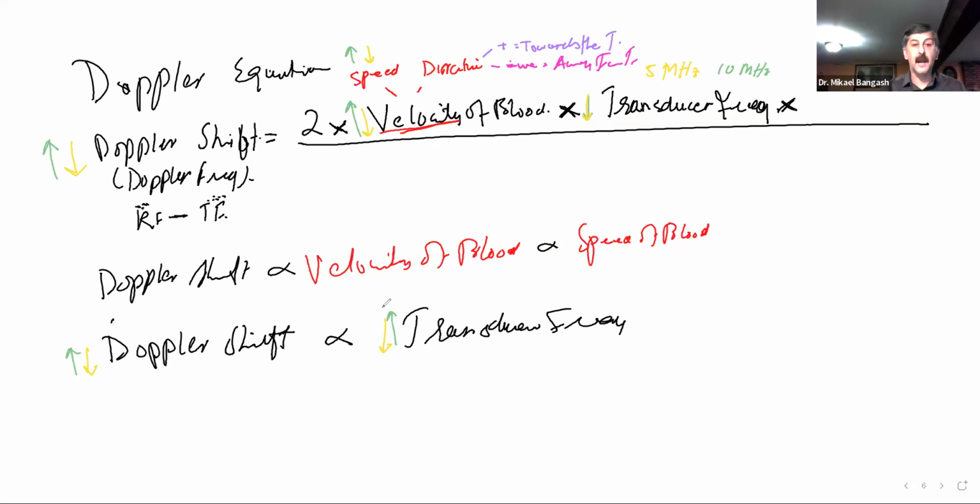Now, please keep in mind that this is irrespective of whether the blood was flowing at the same speed or at the same velocity.